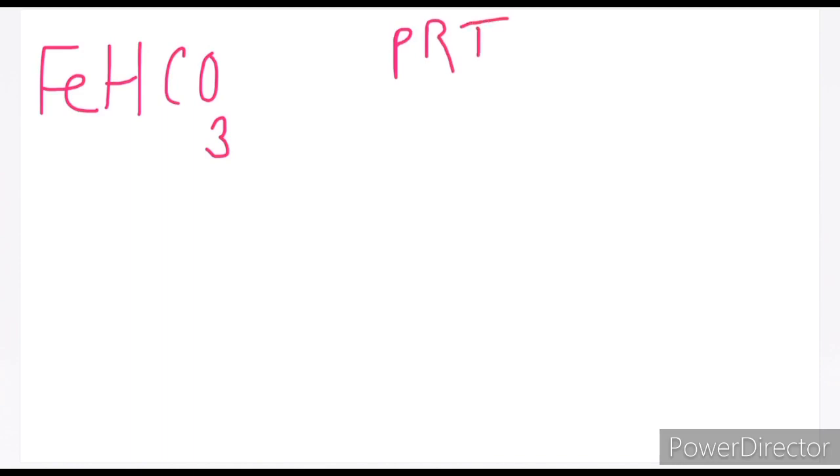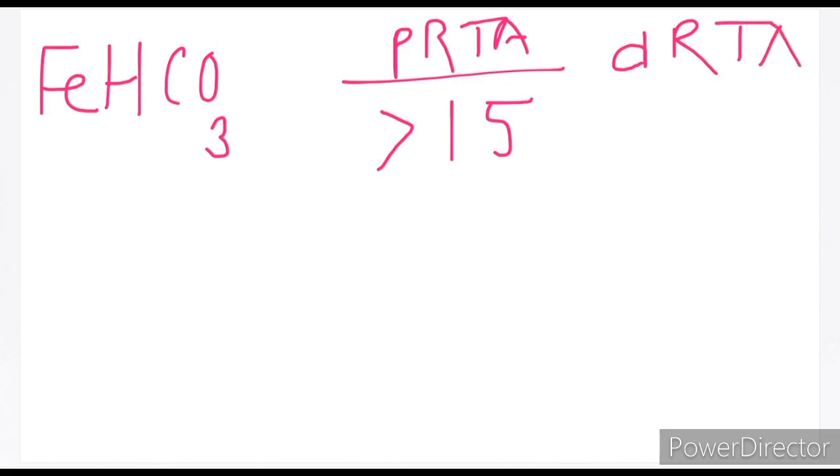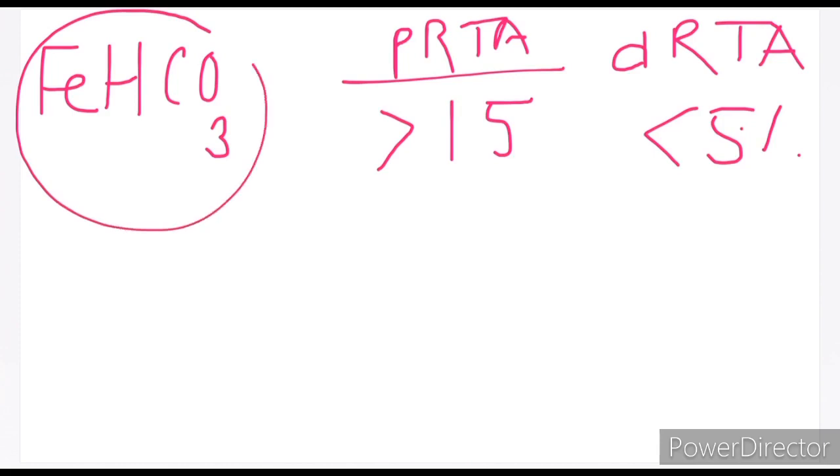Further, we can differentiate proximal RTA from distal RTA with the help of fractional excretion of bicarbonate. As we know, in proximal RTA there is impaired absorption of bicarbonate, so there is more than 50% of bicarbonate excretion. And in case of distal RTA, we have less than 5% fractional excretion of bicarbonate. Similarly, in case of type 4 also less than 5%.